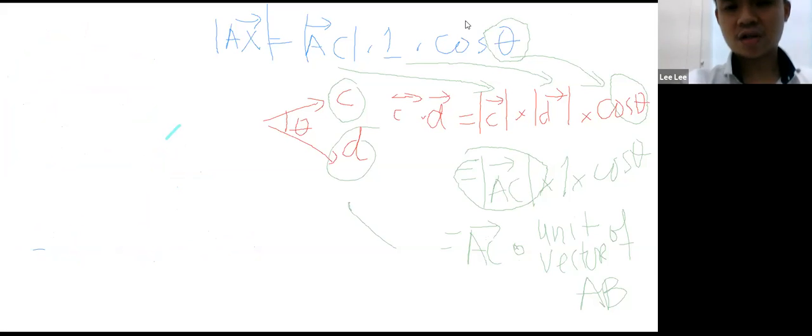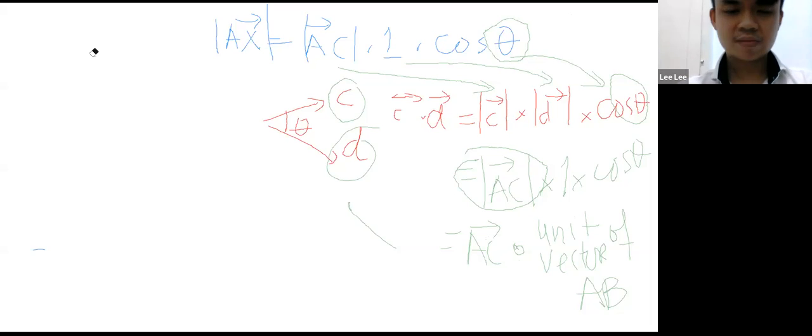Now I want everyone to focus on the red marker. You understand equal, right? Equal means I can take the length of C times the length of D times cos theta and switch it to C dot D. So if you do C dot D, the answer will be the same as the length of C times the length of D times cos theta. It can be either one. Does anyone have a question about my statement up to here?